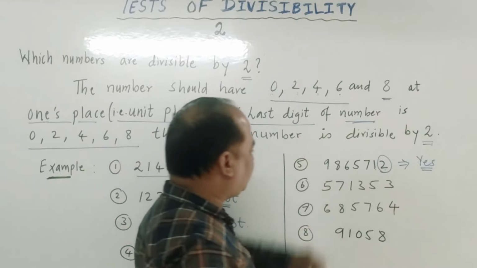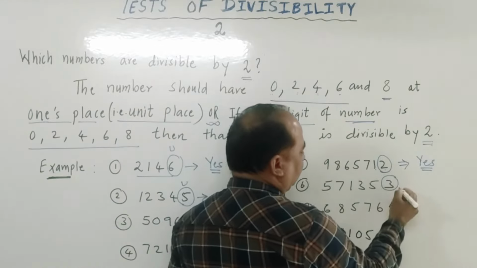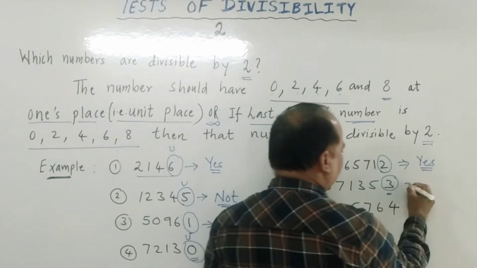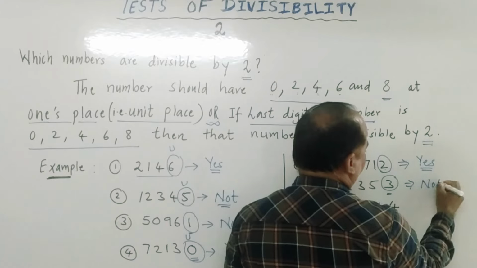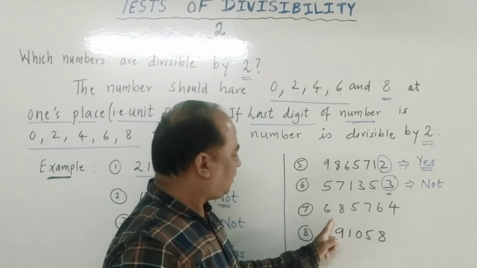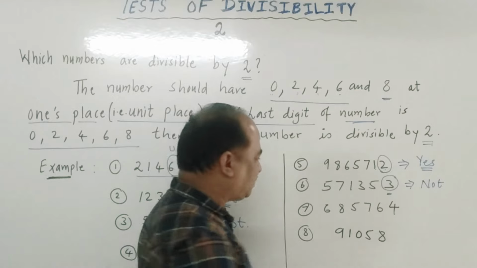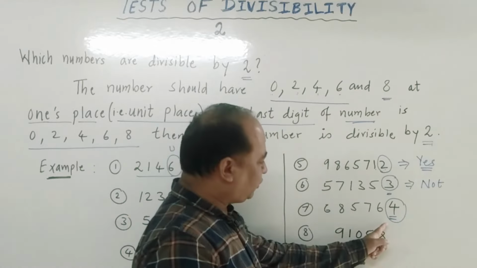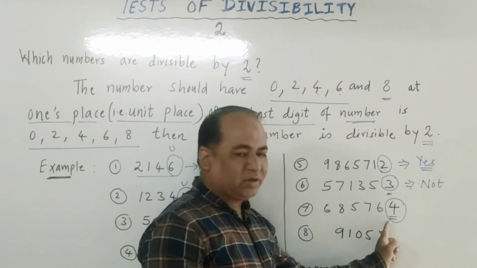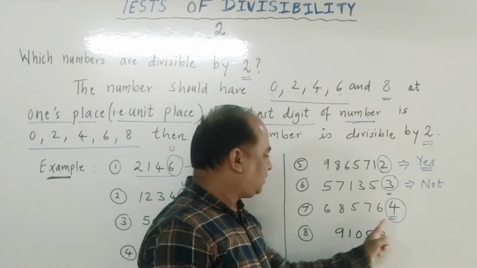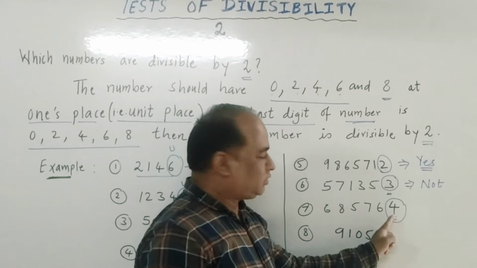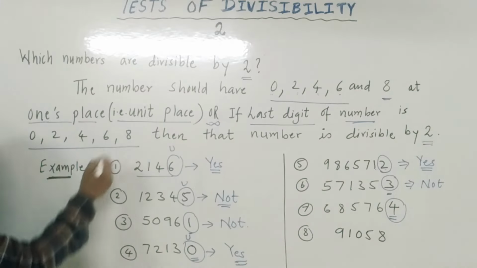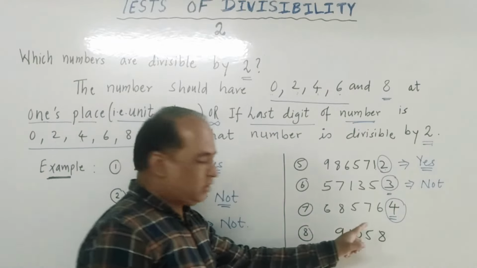Now here the unit place is 3, so it is not divisible by 2. Now here the digit at the ones place is 4, so the last digit of the number 2468 is 4. If the last digit is even, then that number is divisible by 2.